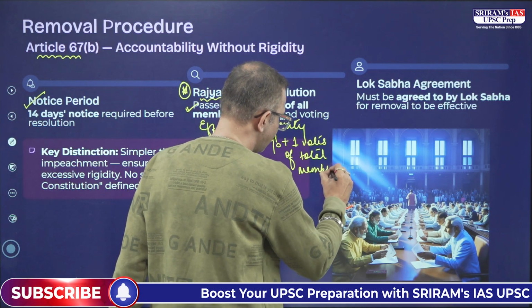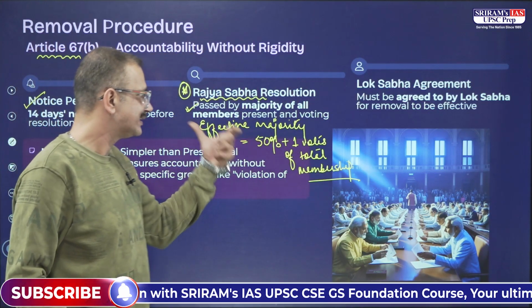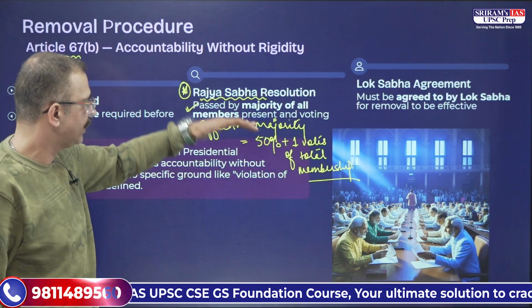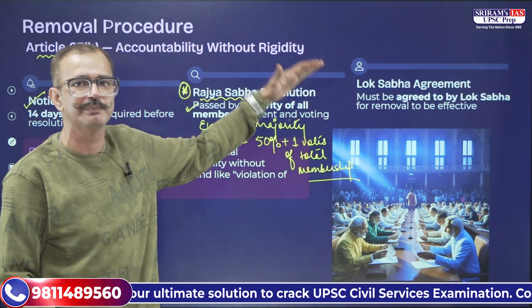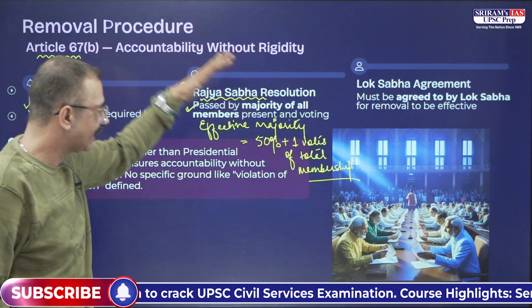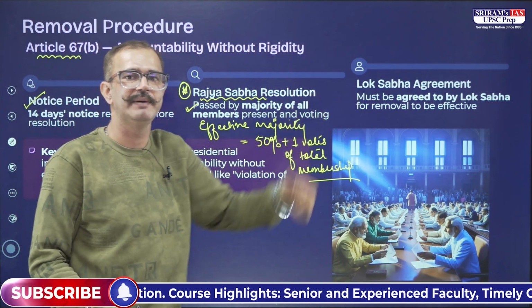It is not about who is present or who is not present and voting. It is the effective majority. With the effective majority, we mean that at least 50% of the total membership must vote in favour, and only then may the Rajya Sabha resolution be passed.